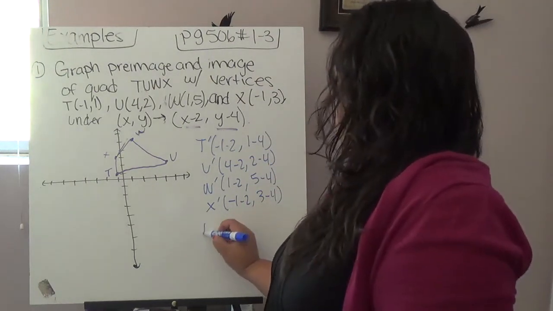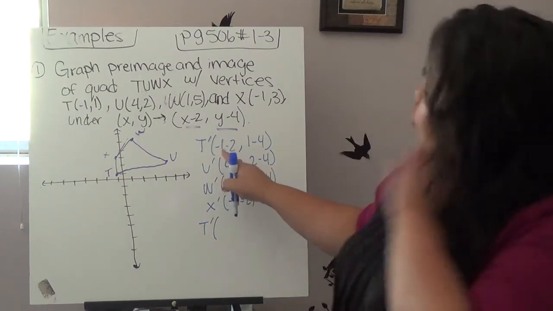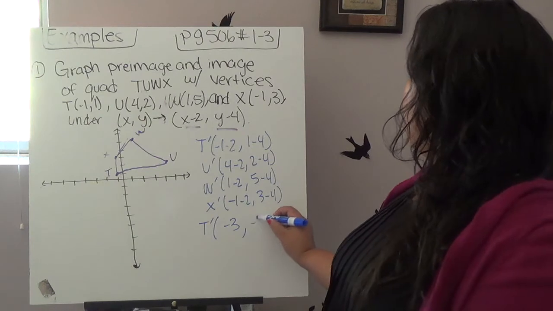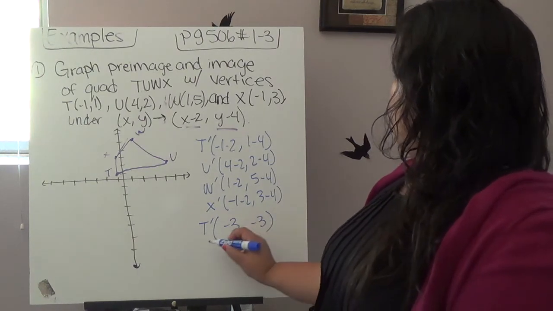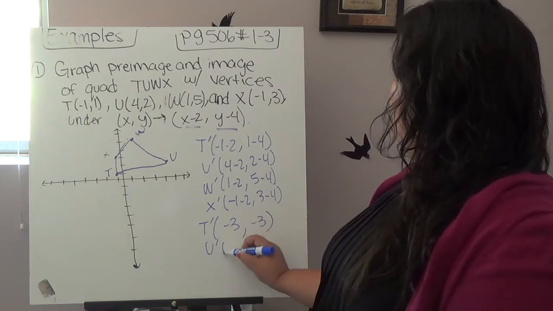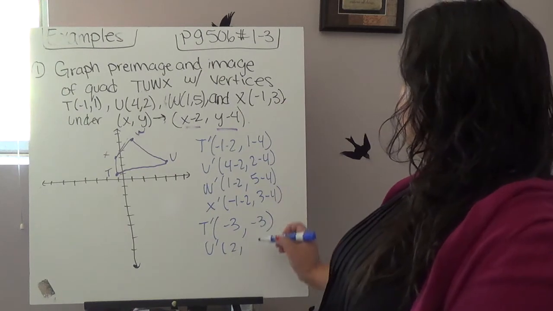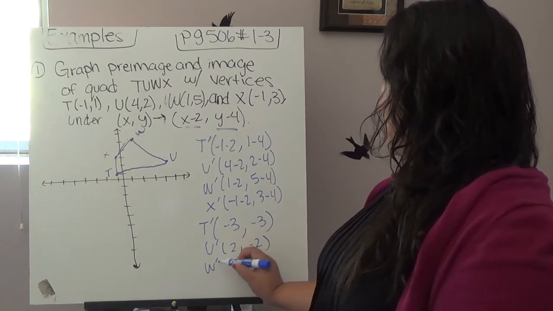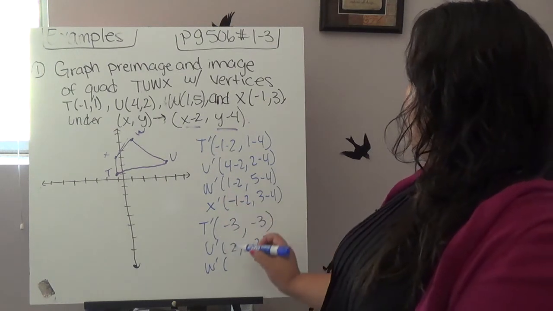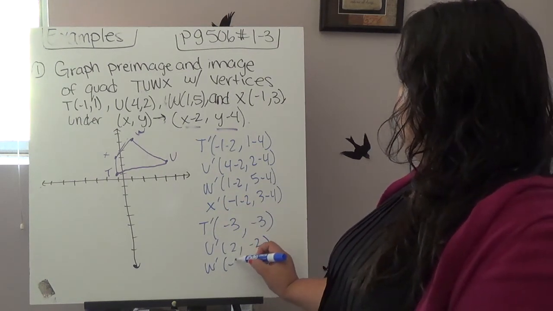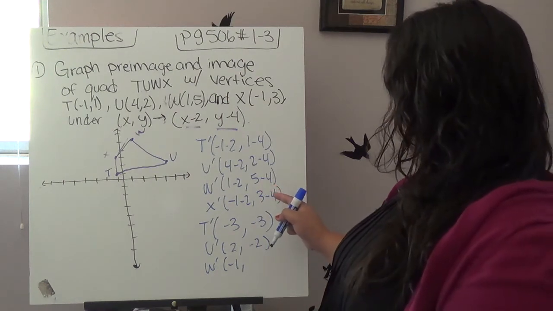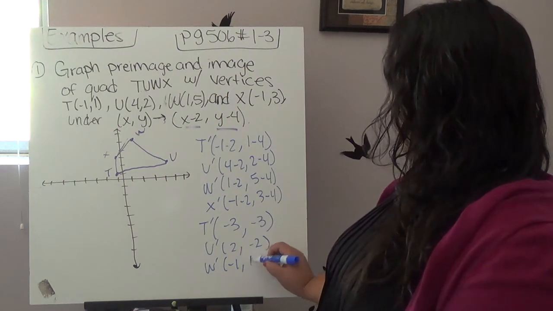And so my actual T prime: -1 minus 2 is -3, comma, 1 minus 4 is -3. U prime is 4 minus 2, which is 2, and 2 minus 4, which is -2. W prime is 1 minus 2, which is -1, and 5 minus 4, which is 1.